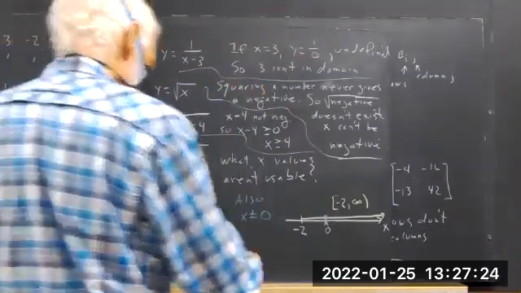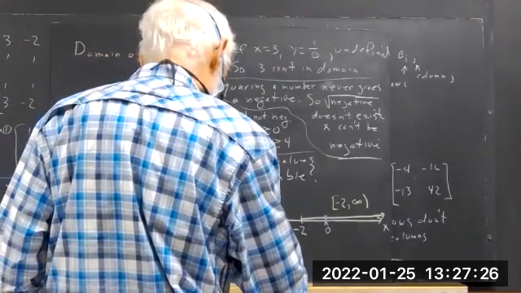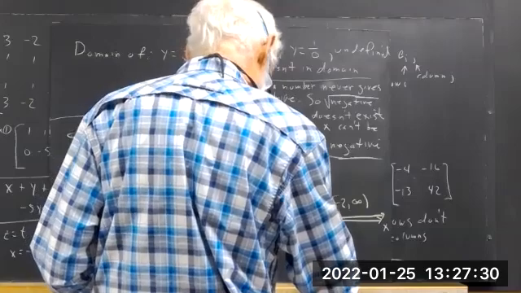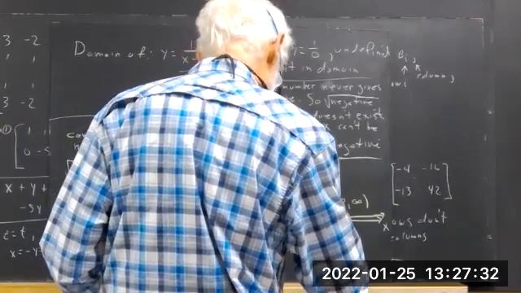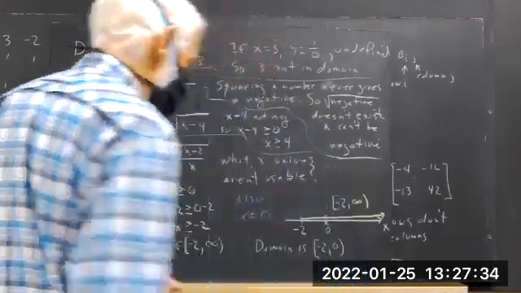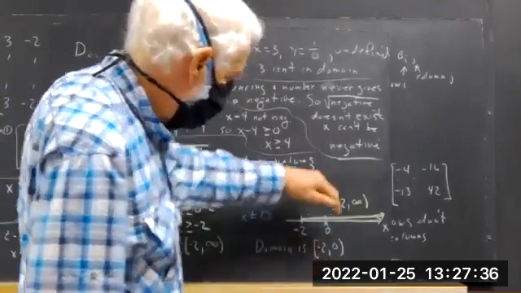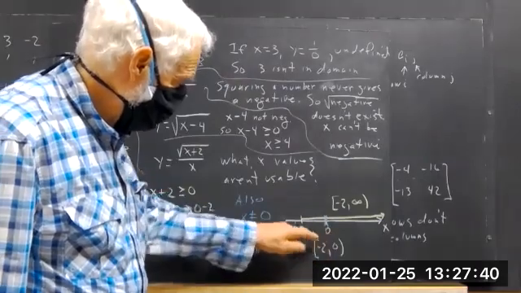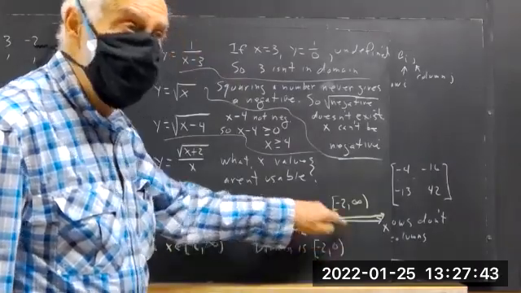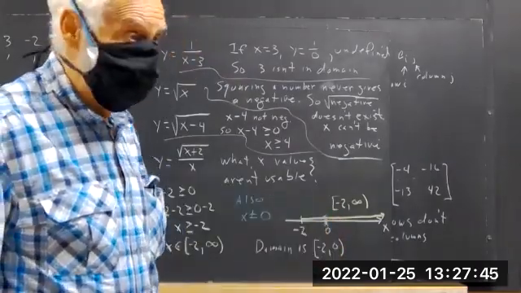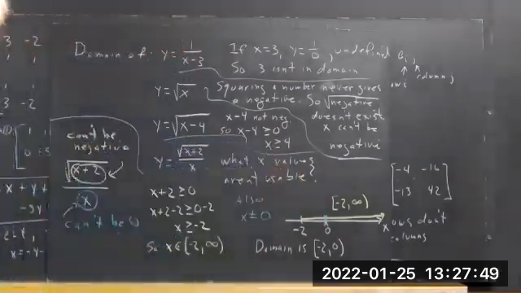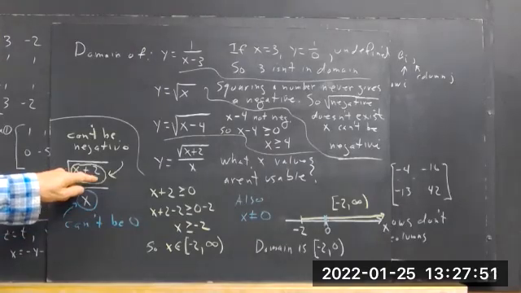So the domain is all the numbers from -2 up to 0, not including 0. We don't include 0, so we don't use a square bracket over here. We use a parenthesis, right? So we can use -2. That's perfectly all right. You get 0.